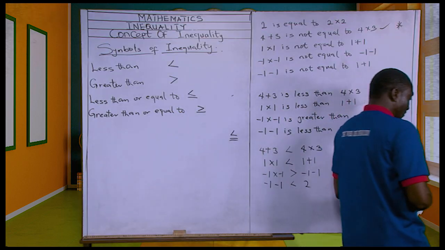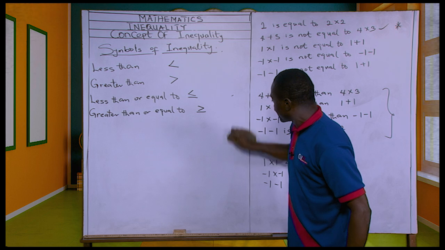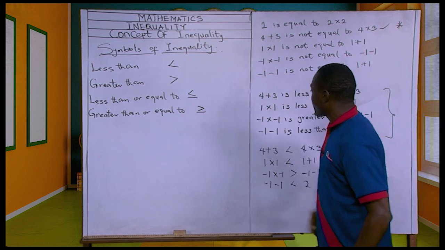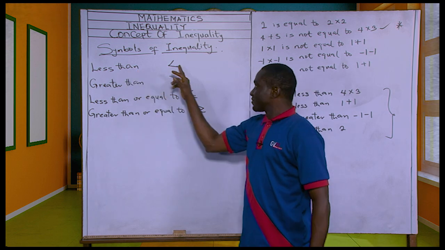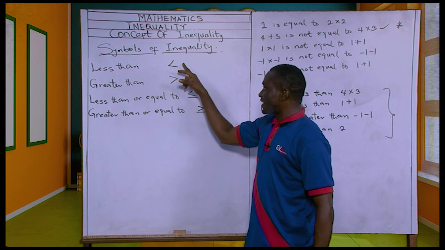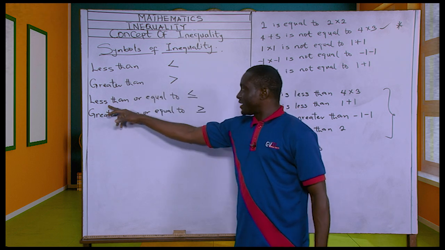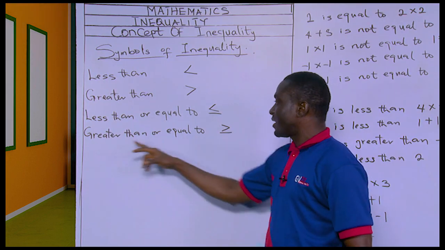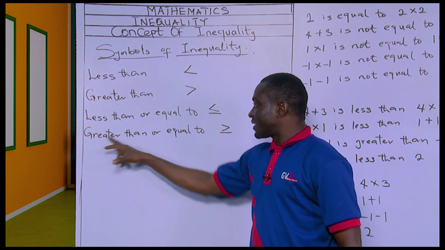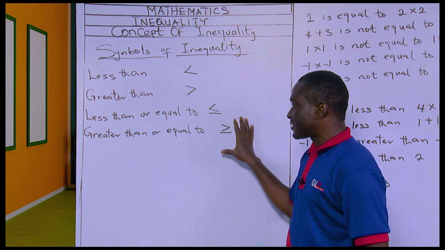So, less than is symbolized as this. Greater than is symbolized as this. Less than or equal to is symbolized as this. And greater than or equal to is symbolized as this.